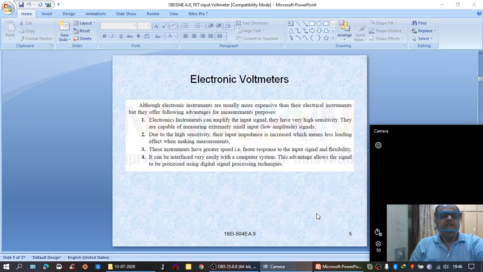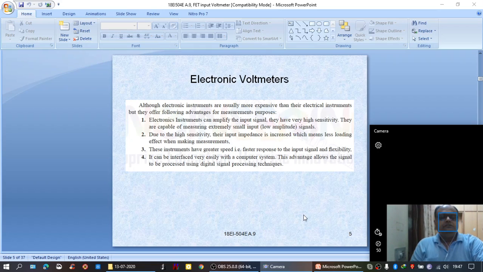Because of this very high sensitivity, the instruments can be used without any loading effect in the circuit. Second one, due to the high sensitivity, their input impedance is increased, which means less loading effect when making measurements. Third one, these instruments have greater speed, that is the response time.